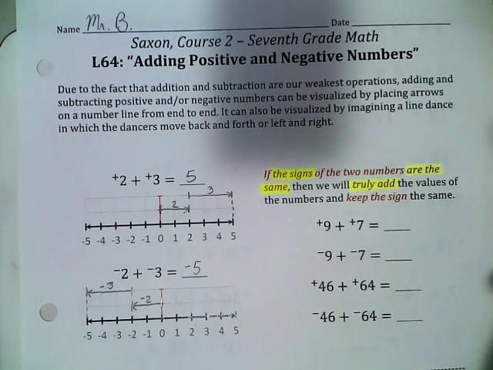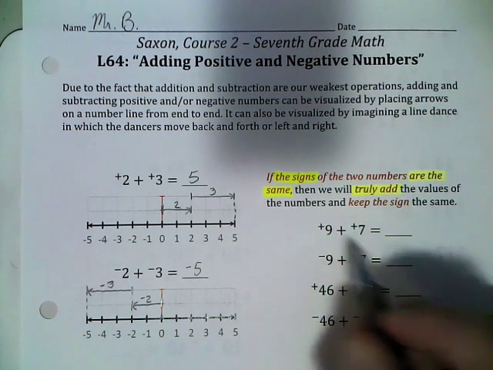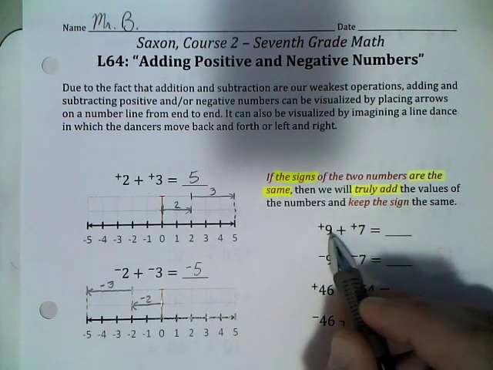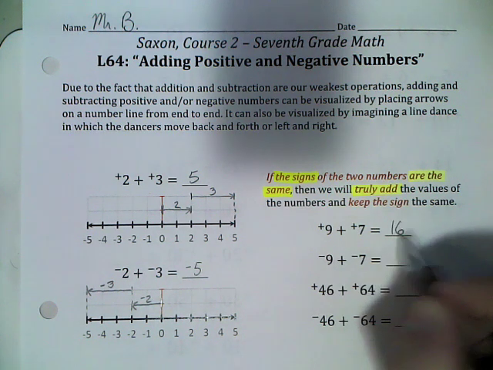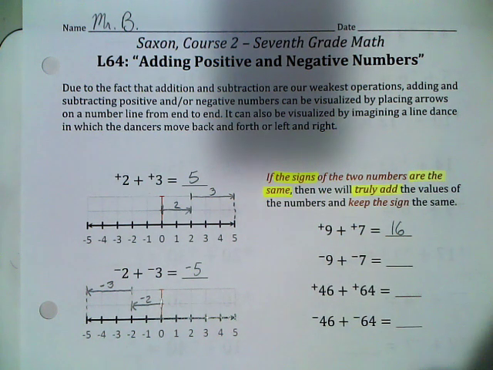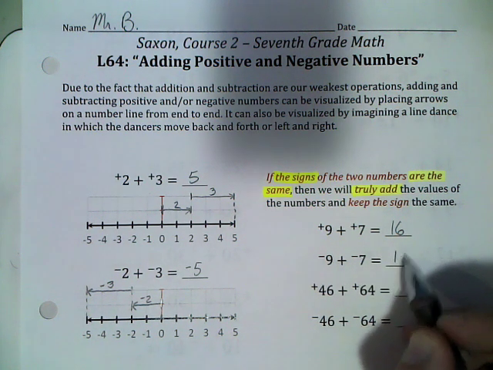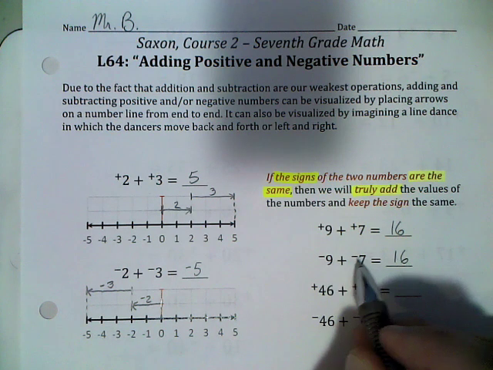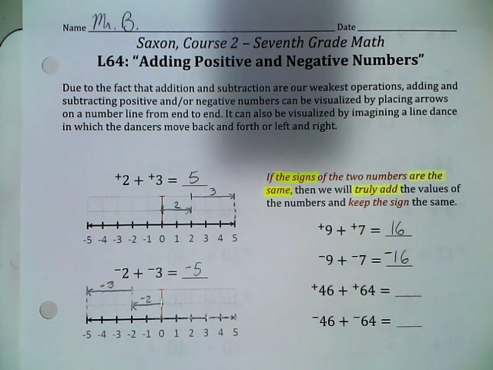If we do just a few examples here, we see that these are both positive, so 9 plus 7 is 16, and since these are both positive, that's positive. Whereas 9 plus 7 is still 16, but since these are both negative, that's a negative.